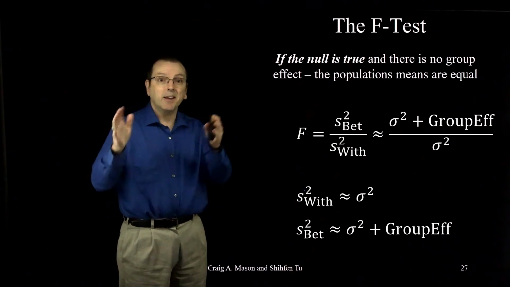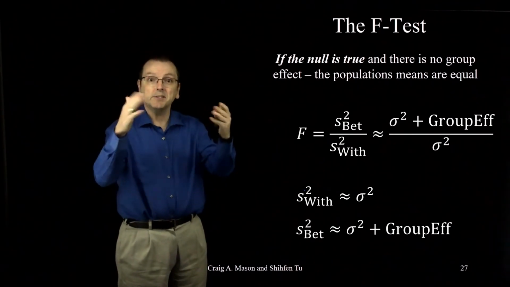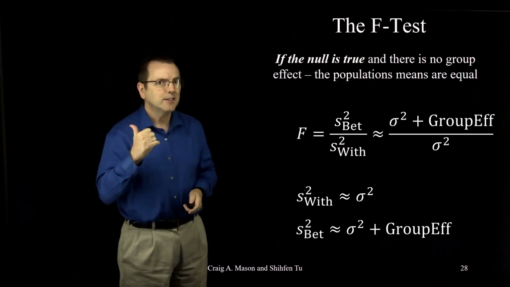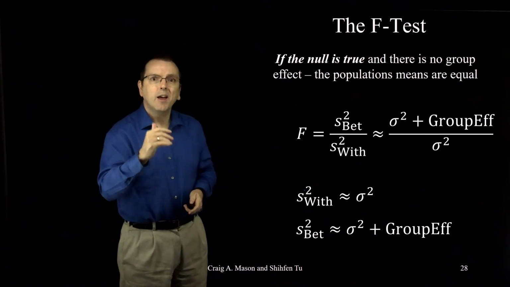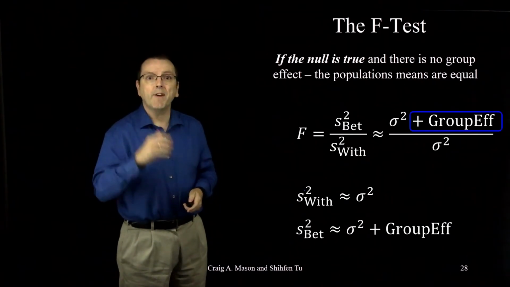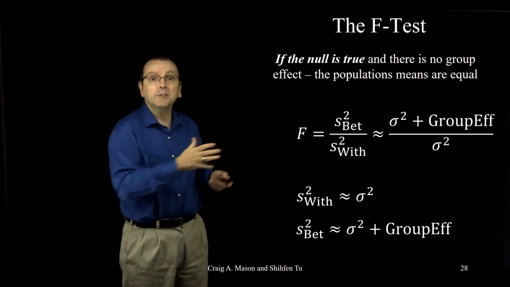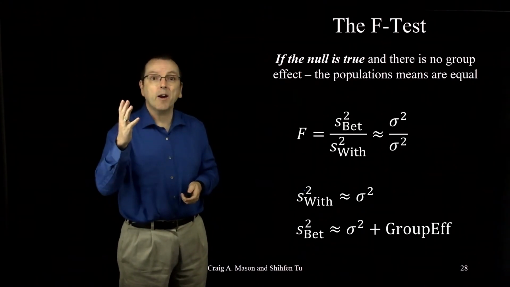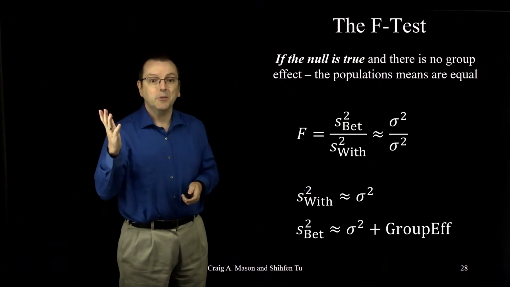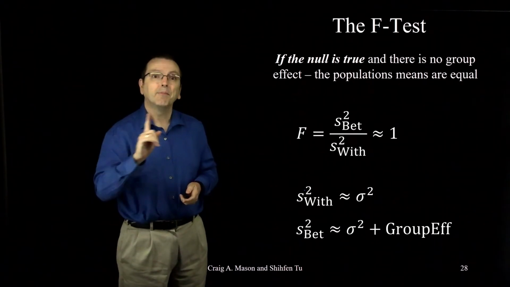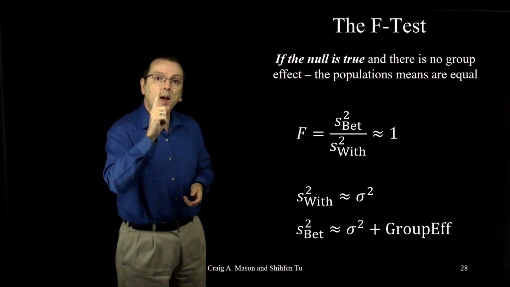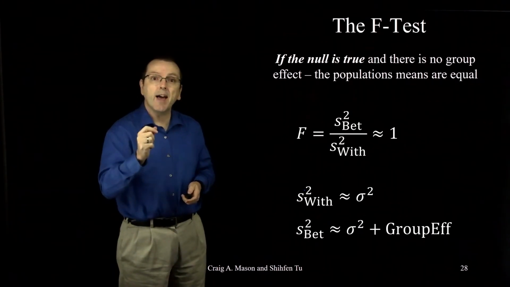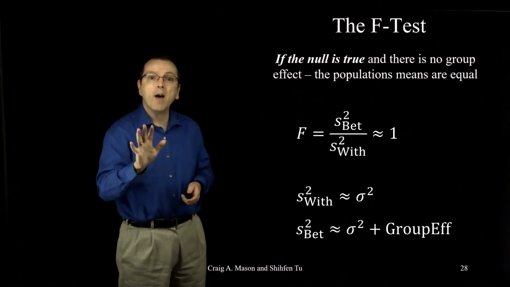So F is estimating sigma squared plus any group effects divided by sigma squared. But as we just saw, if the null is true, there are no group effects. Group effects equals 0. F then just reduces to sigma squared over sigma squared, which is equal to 1. If the null hypothesis is true, we expect to see values of F somewhere around 1.